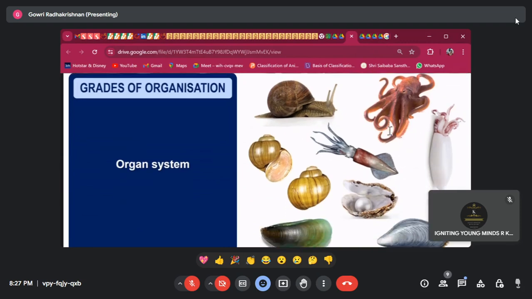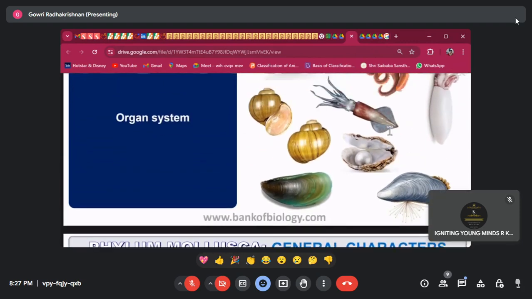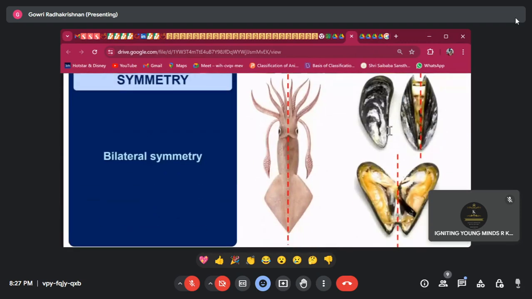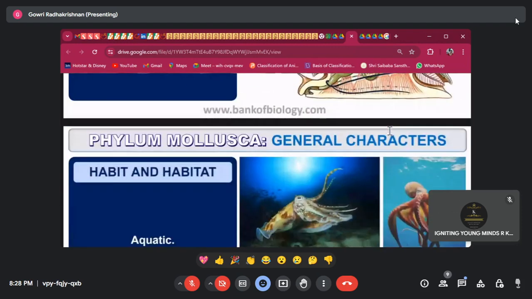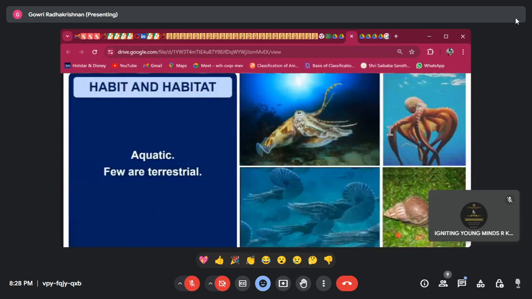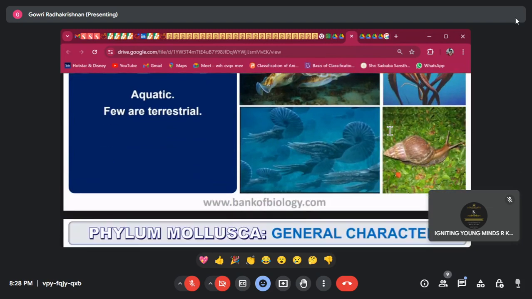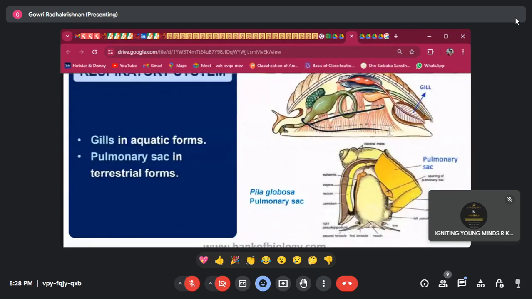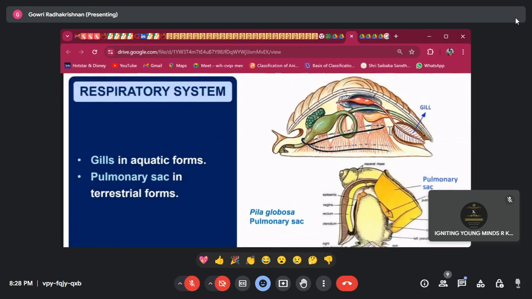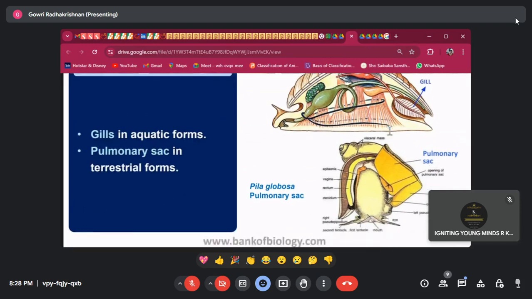Phylum Mollusca exhibit organ system level organization, bilateral symmetry, triploblastic, coelomate, aquatic or few terrestrial, like snails. Snails are terrestrial. And digestive system is complete, has two openings, mouth and anus. Respiratory system has gills in aquatic forms, pulmonary sac in terrestrial forms.